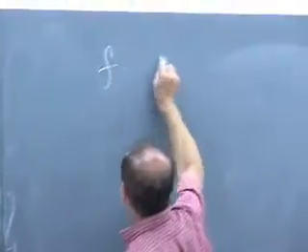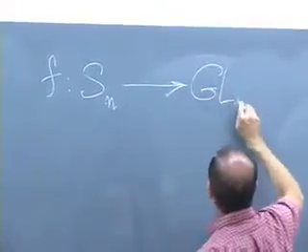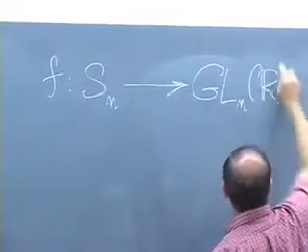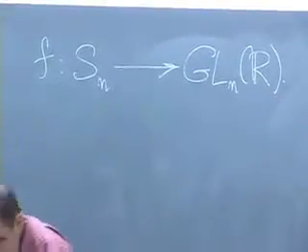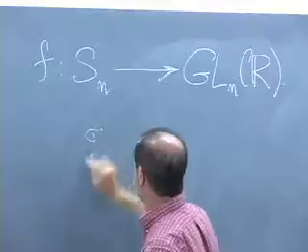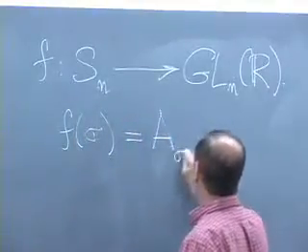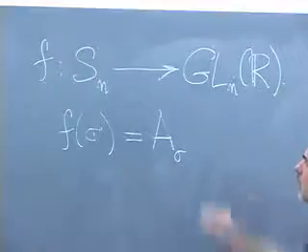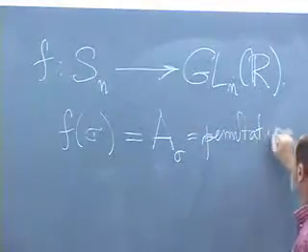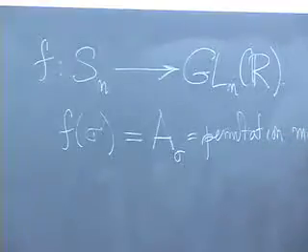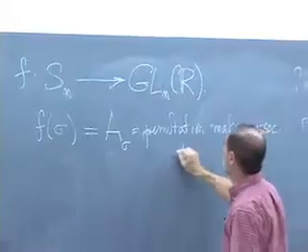So I claim there's another homomorphism from the symmetric group on n letters to the group GLN(R), which takes a permutation sigma to a matrix A sigma, which is called the permutation matrix, and I have to define it for you, associated to sigma.